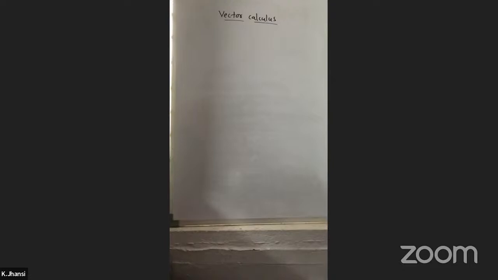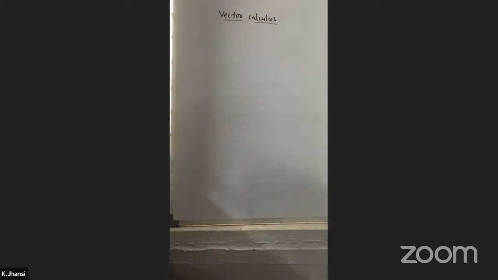Their magnitude may differ, so they may have the same magnitude or different magnitude. They may or may not be co-initial vectors, that is, the end points of these two may join together or they may not.